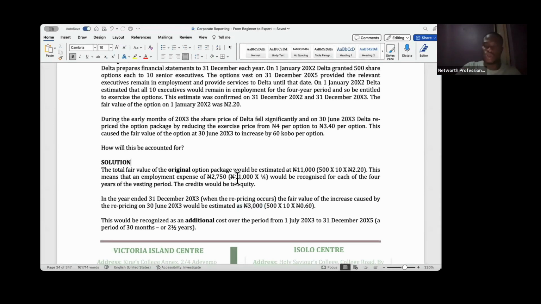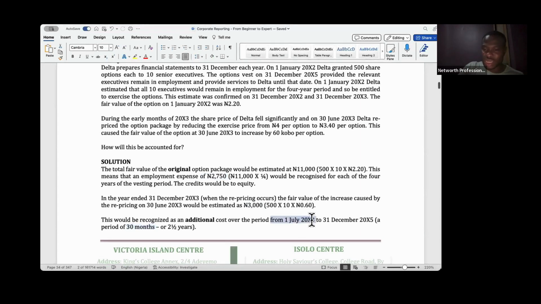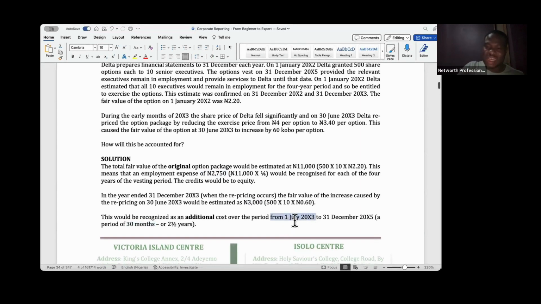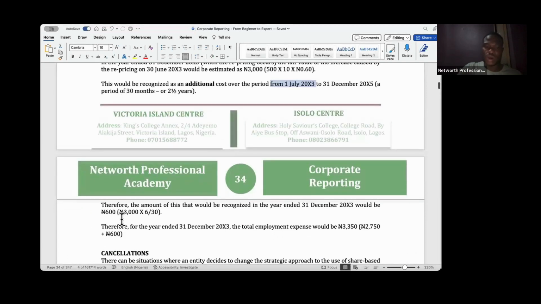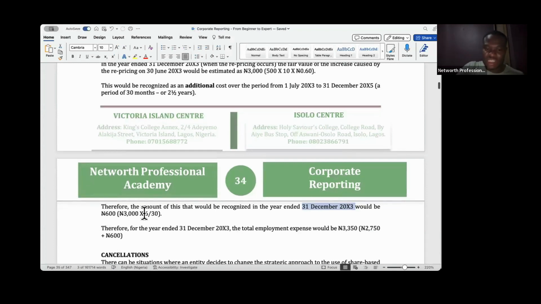So in year 2, you will get your 2,750 in staff cost and your equity reserve increases by 2,750. But the additional cost, the increase in the fair value of the share option, you do that separately. And this 3,000, we are out of this 30 months in 2003. Knowing fully well that it's starting from July 2003 up to 31st December 2003, we are going to recognize only 6 months.